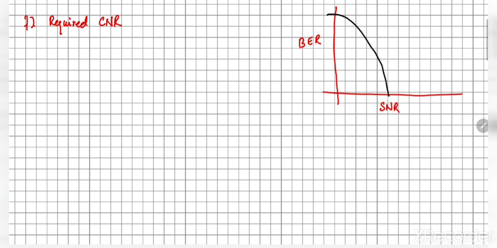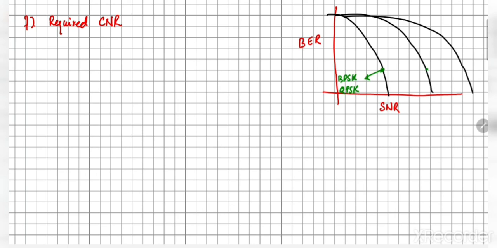Then there are some other modulation schemes that provide the BER at much higher values of SNR, and there are some even higher order modulation schemes that provide the same level of bit error rate at even higher values of SNRs. So this particular modulation scheme could be BPSK slash QPSK.